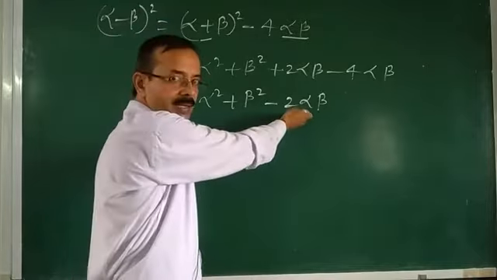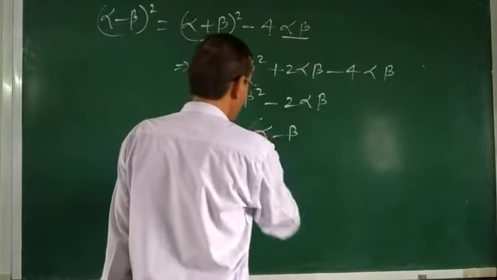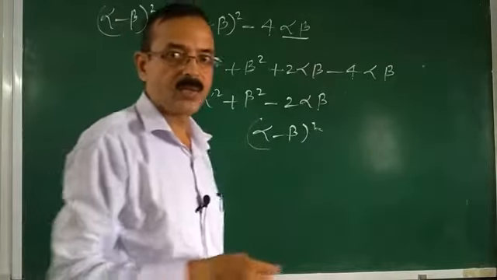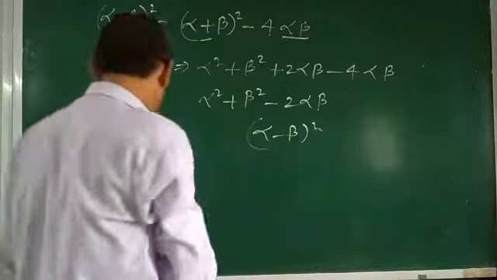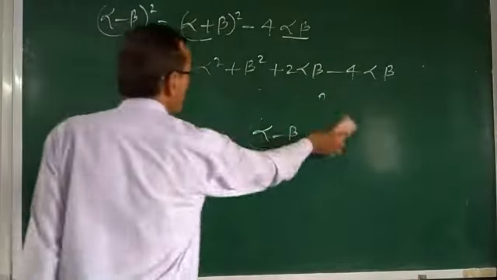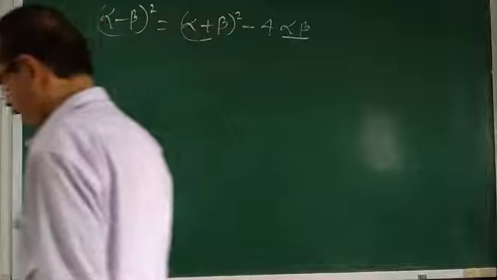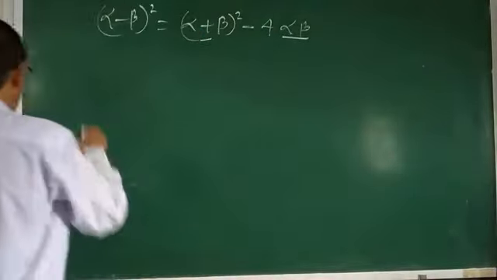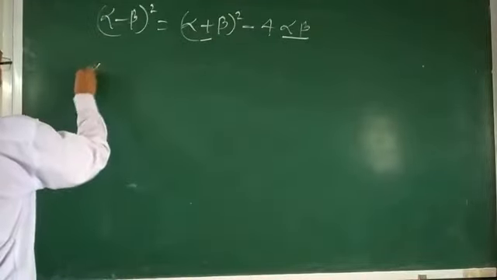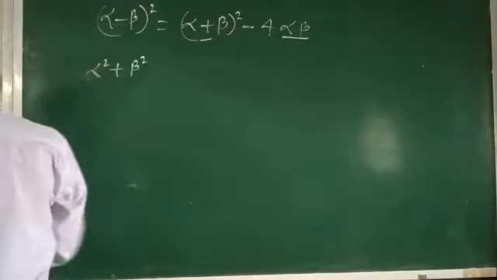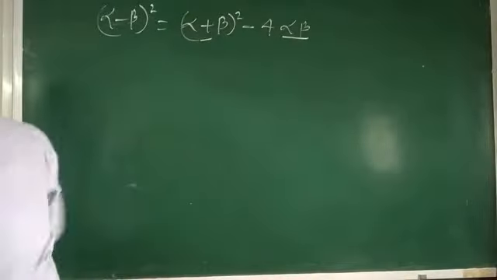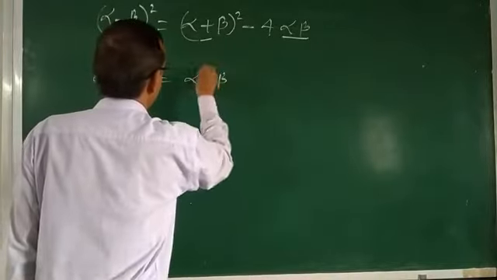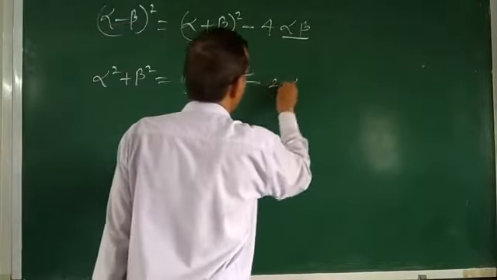So what formula are we arranging here? Alpha minus beta square. So we can write alpha minus beta square in this form. You can check all that. Now alpha square plus beta square can be written as alpha plus beta whole square minus 2 alpha beta.